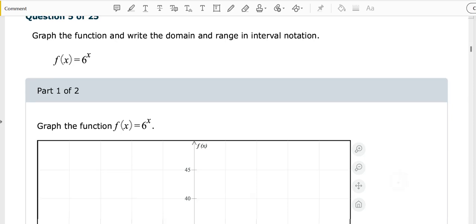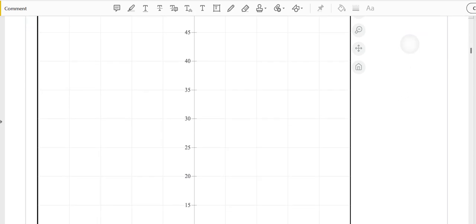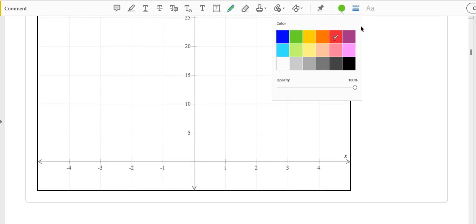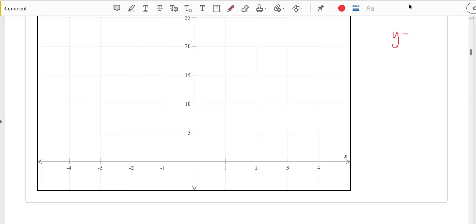Question 5. Graph the function and write the domain and range in interval notation. My function is y equals 6 to the x. Okay, I'm going to go get some points. This is an exponential function.